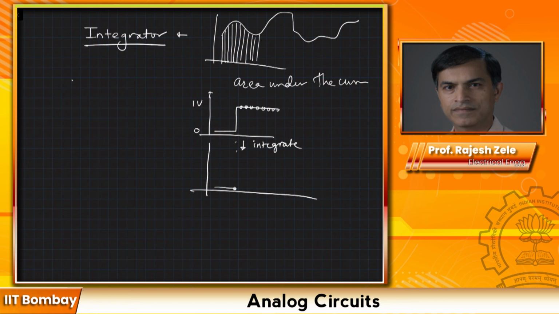I'm just showing it separately over here. And then as soon as I hit my first sample, that will be 1 volt, then it will be 2 volts, then 3 volts, and it will keep going on perpetually like this. So this would be the integration operation. Okay. So we are simply adding each time point value, and that's what we call an integrator.